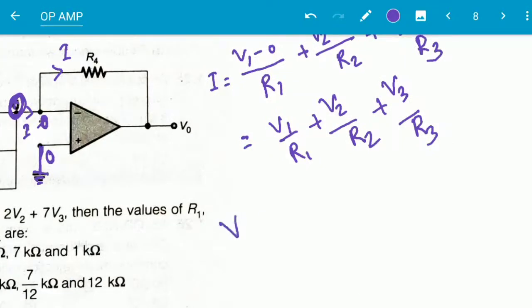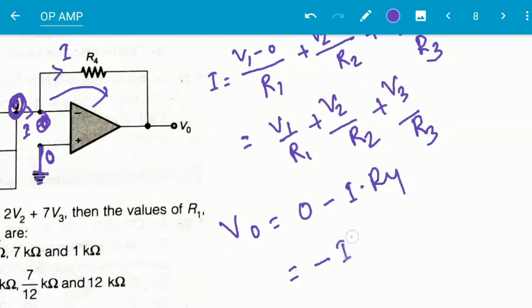The output voltage will be 0 minus I into R4, so this will be equal to minus I into R4.